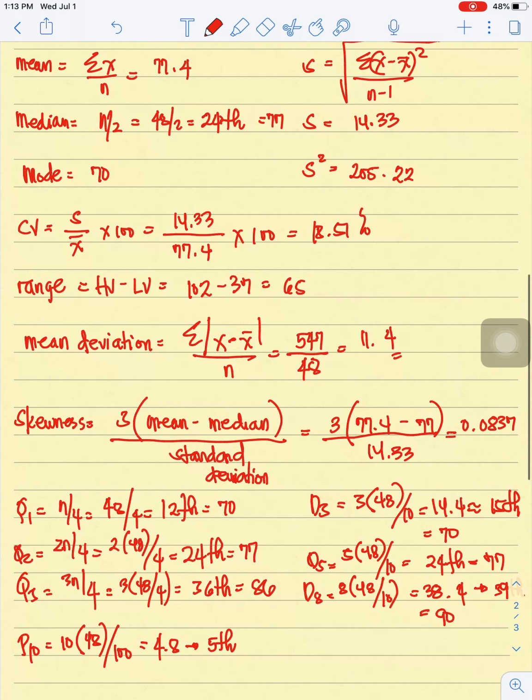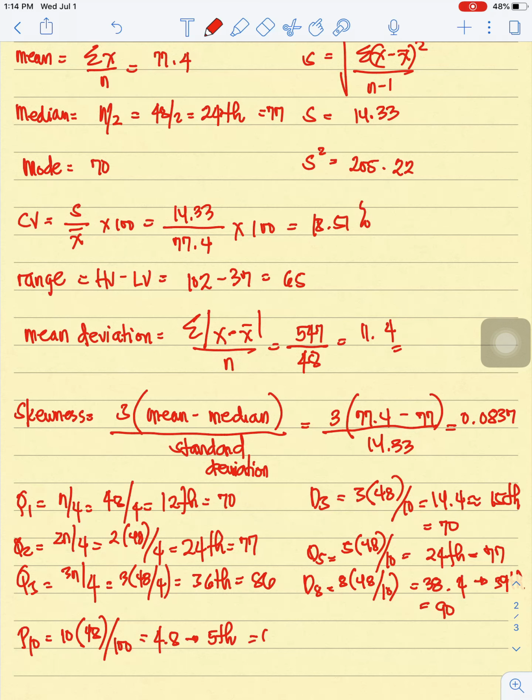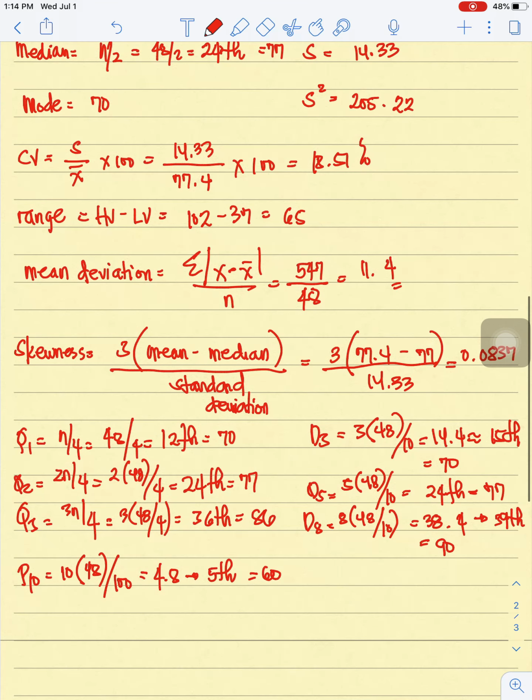Next, P50. Again, P50, median, D5, Q2 are all the same. We have here 50 times 48 divided by 100, which is the 24th place, and that is 77.